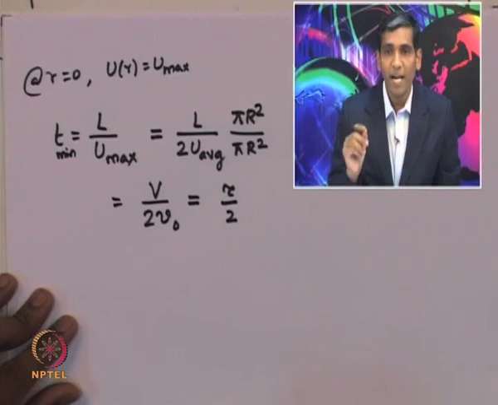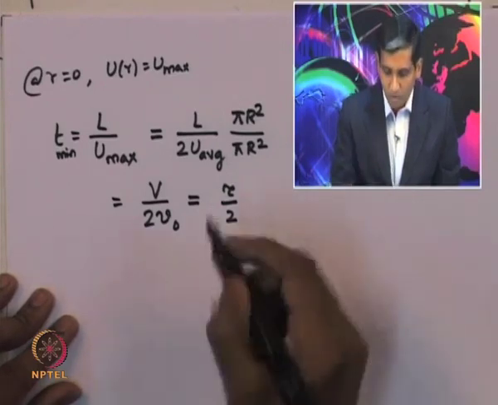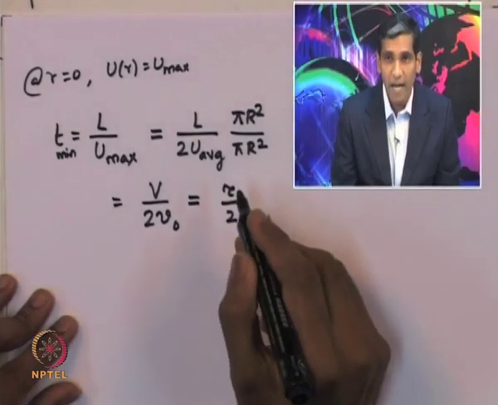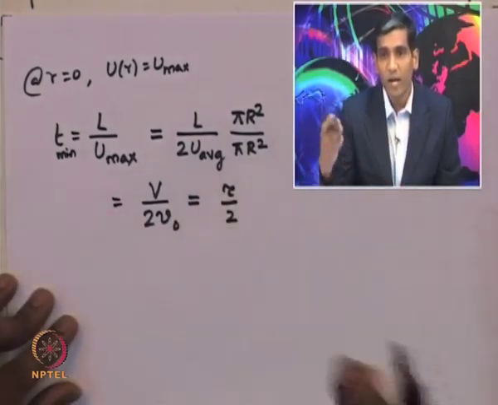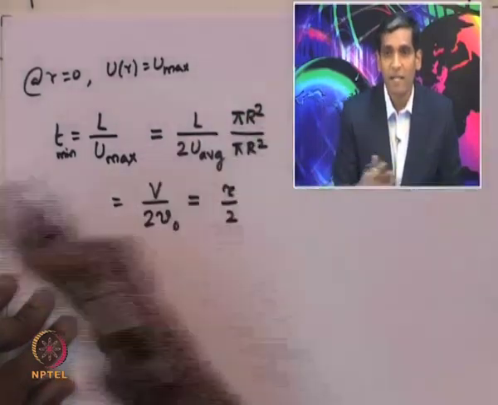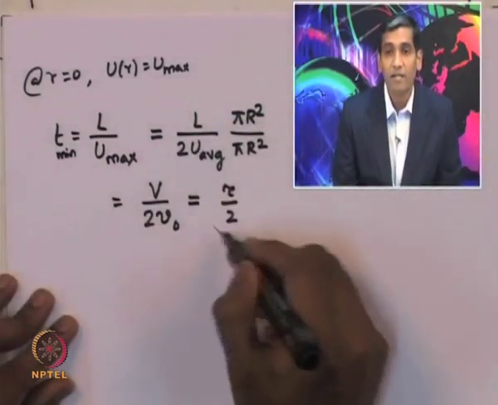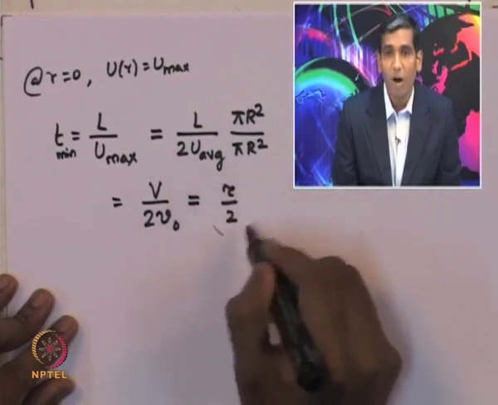So, the fluid elements entering the reactor at the center of the tube would take half the space time before they reach the other end of the reactor. And in fact, the residence time distribution starts from that particular time, tau by 2, the minimum time.